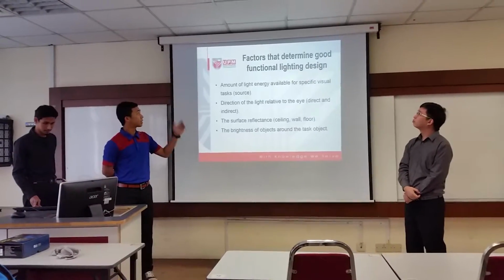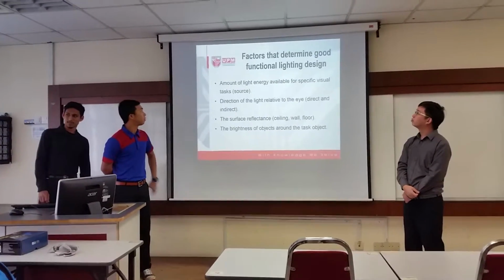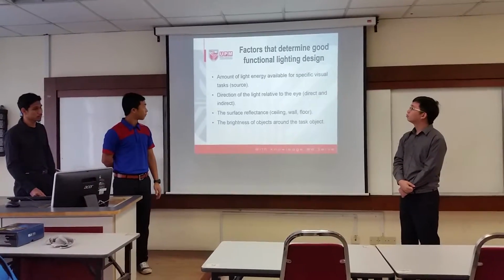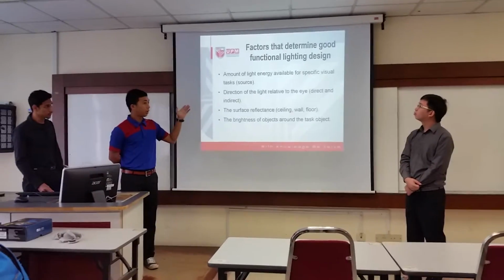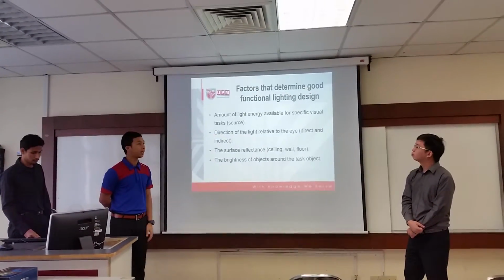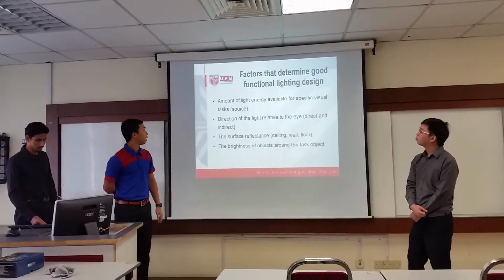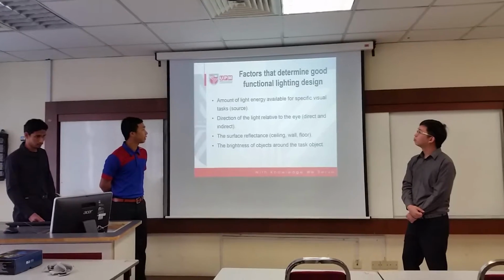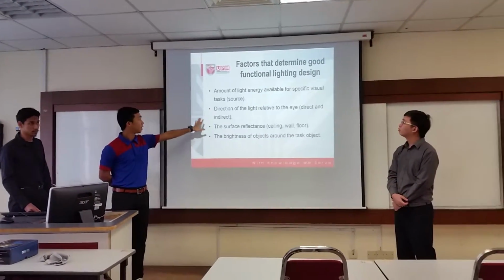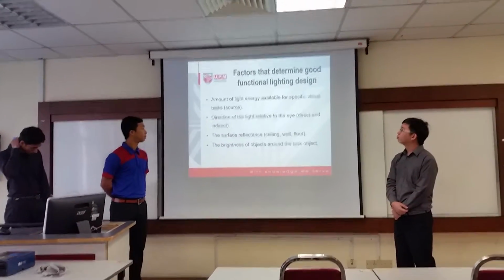Okay, next are the factors that determine good functional lighting design. First is the amount of light energy available for specific visual tasks, for example the source that supplies the lighting for our interior, for our space. The second is the direction of the light relative to the eye, which consists of direct and indirect lighting.